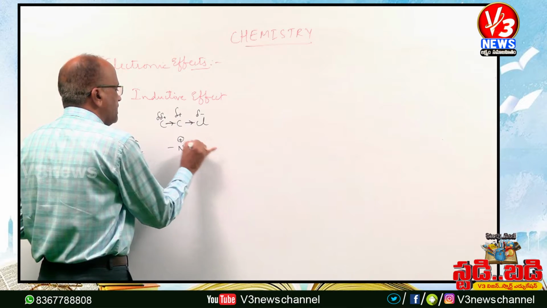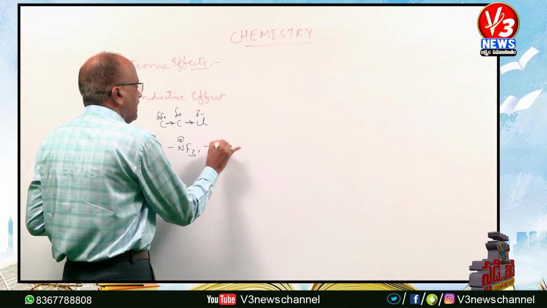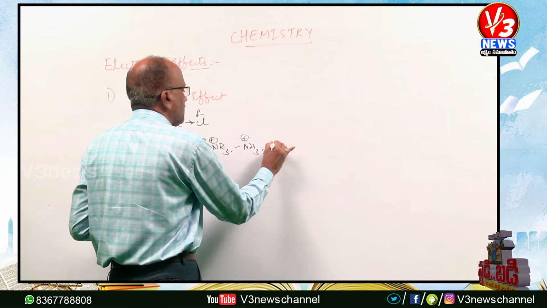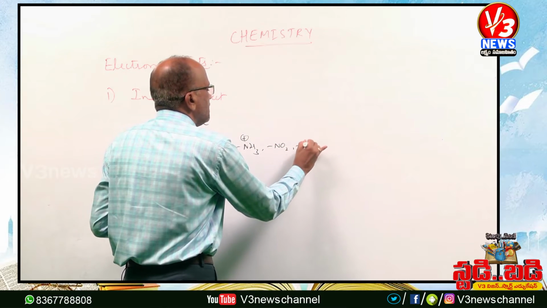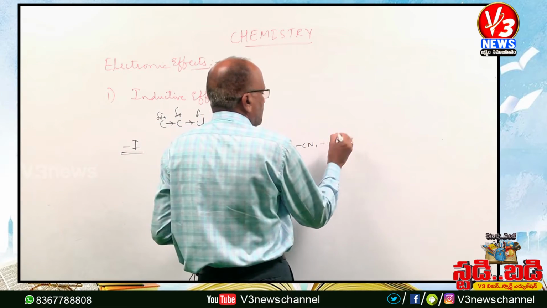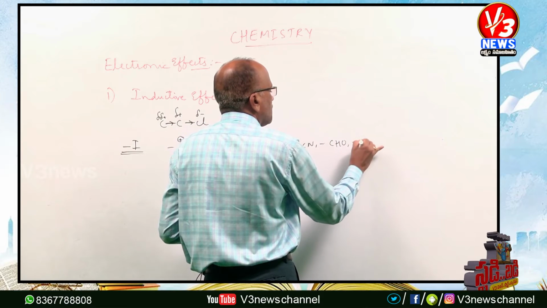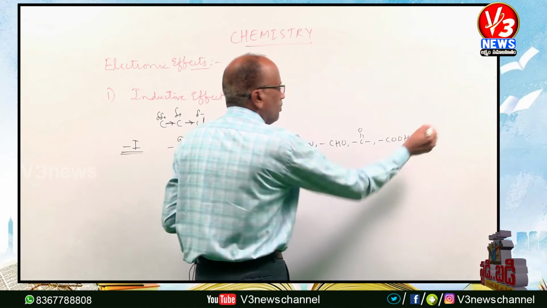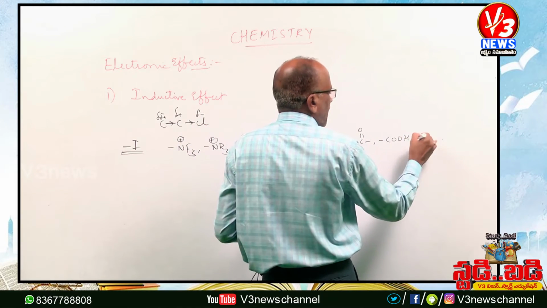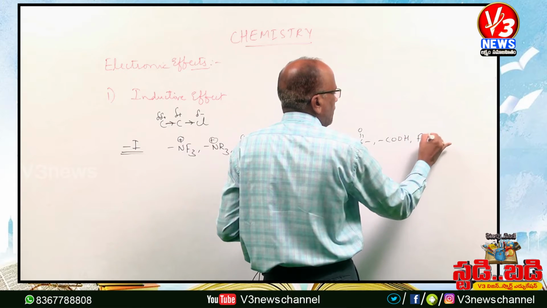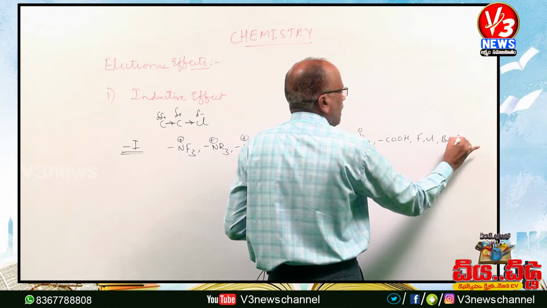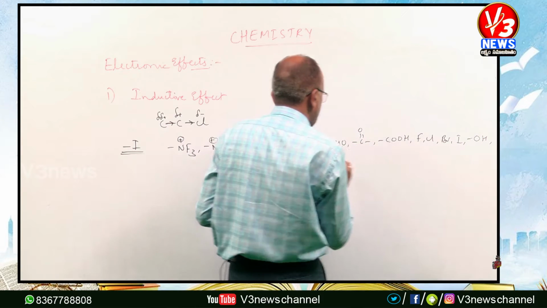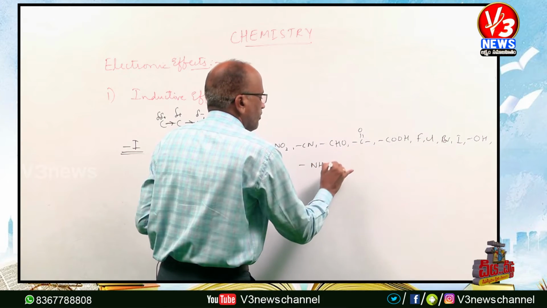The strongest minus I group is NF3 plus, next NR3 plus, NH3 plus, after that NO2, CN, after that CHO, keto group, carboxylic acid group, then halogens: fluorine, chlorine, bromine, iodine, after that OH, NH2.